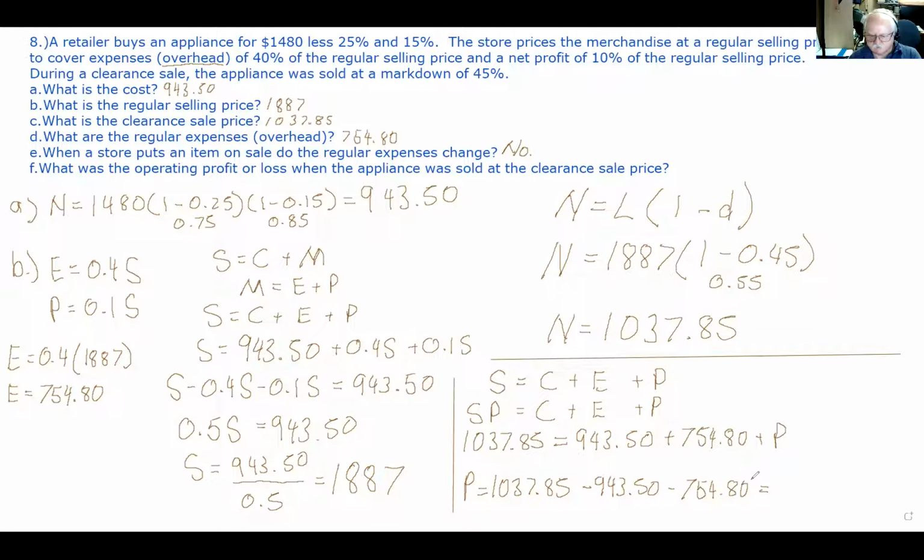And now I need a calculator. So 1037.85 minus 943.5 and minus 754.80.